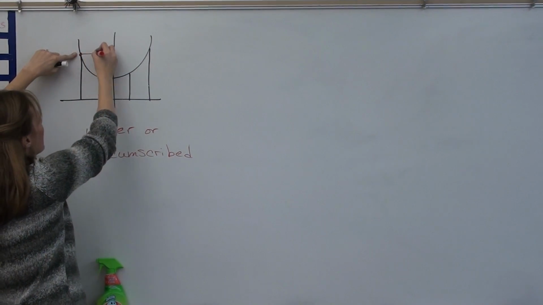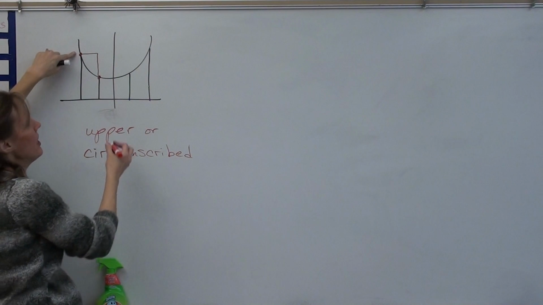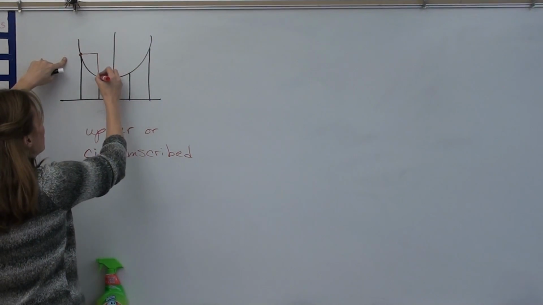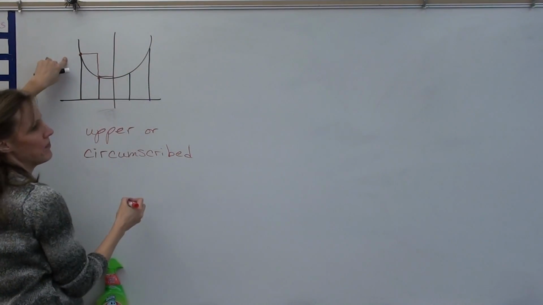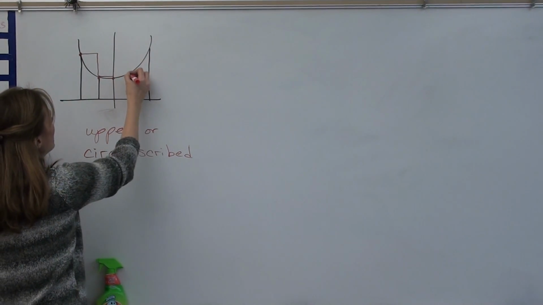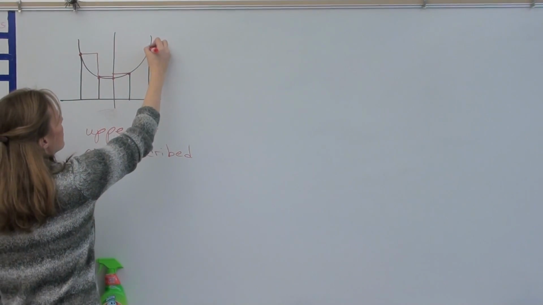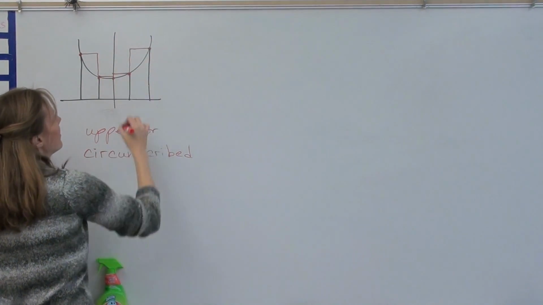So that first rectangle would be like that. And then the second rectangle between here and here would be like that. And the third rectangle between here and here would be like that. And the fourth rectangle would connect up here and look like that.